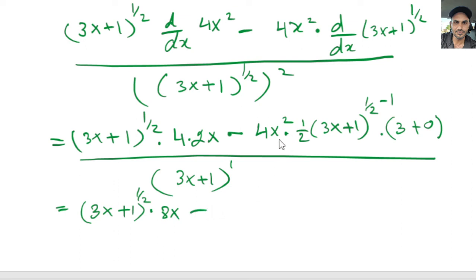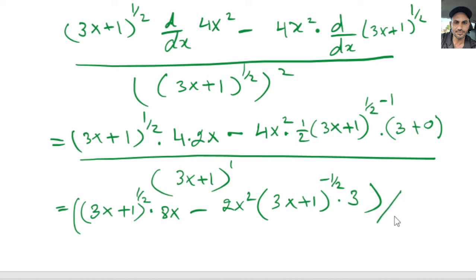Minus, here we have 4x times 1/2, it's going to be 2x squared, and then we have 3x plus 1 to the negative 1/2, and times 3, and everything divided by 3x plus 1. So this is our final answer. You can simplify it further if you want to, or you can leave it like that.